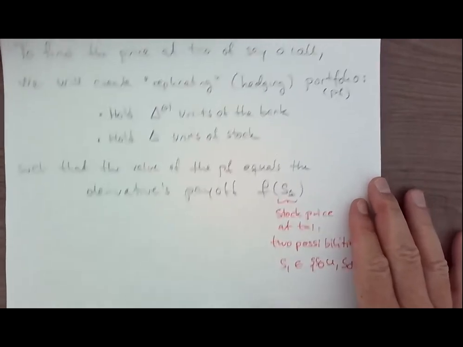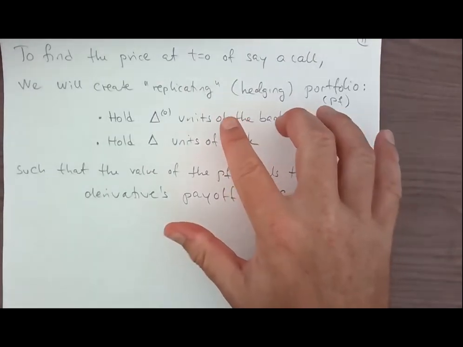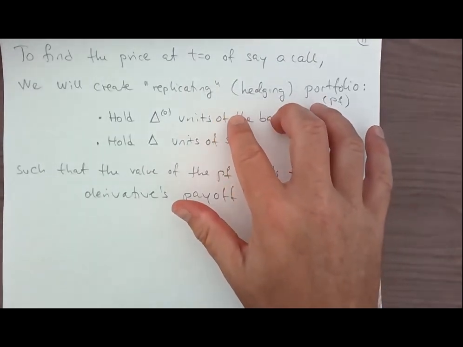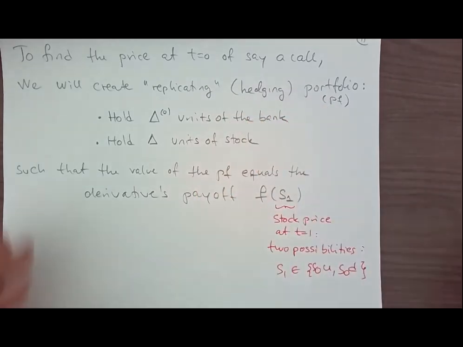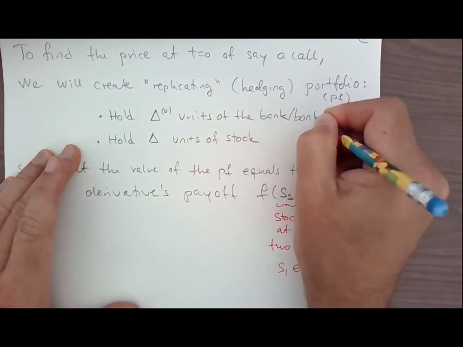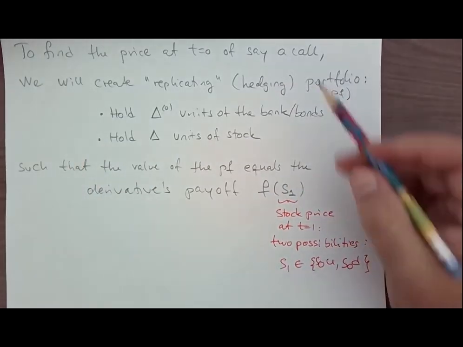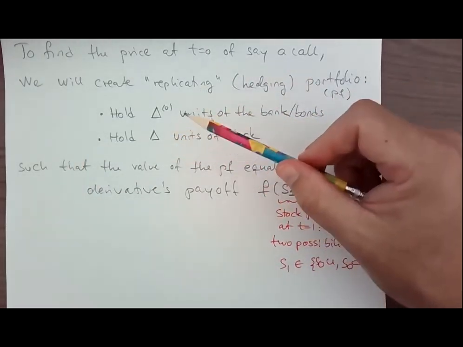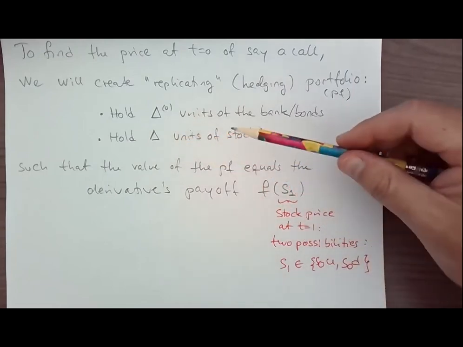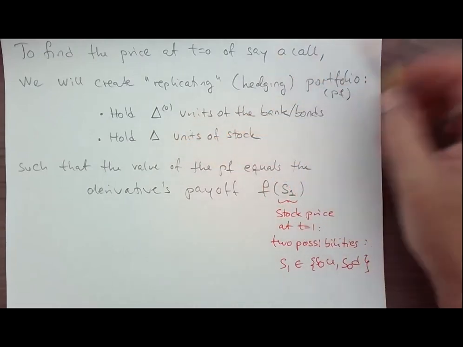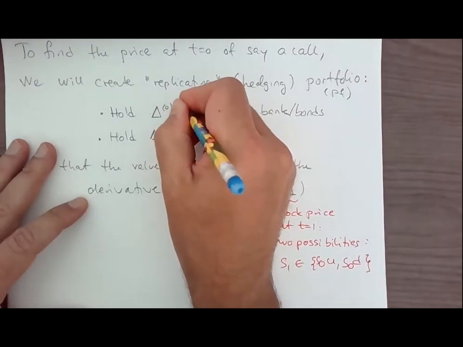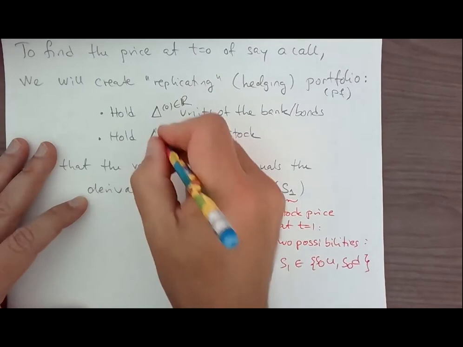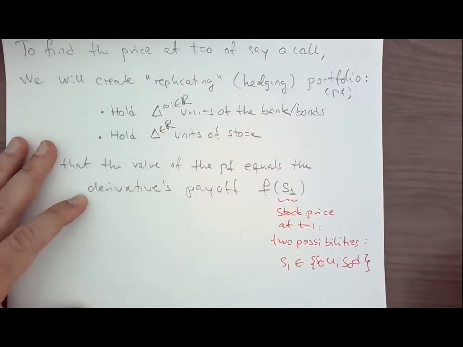So what we're going to be doing is buying the money market account, buying these bonds, and buying and selling the stock. One thing to note here is that these are quantities that are real numbers.